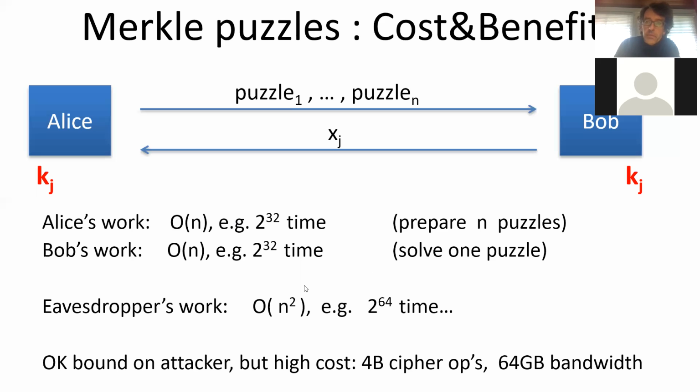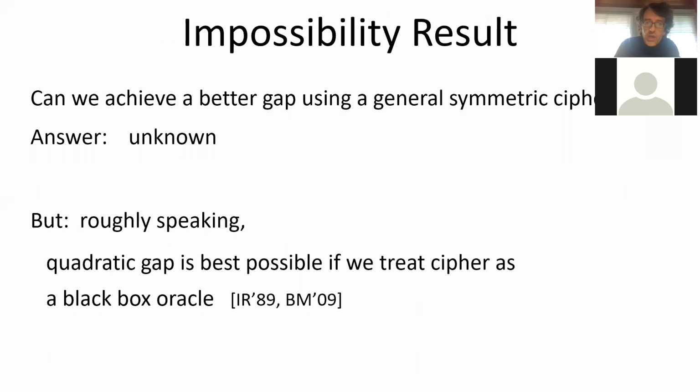And nobody could figure out any such amplification of the Merkle puzzle algorithm. And indeed, Impagliazzo and Rudich showed that in some sense, this is the best you can do. So you cannot get a better gap between bad guys' work and good guys' work than quadratic using symmetric cryptography at all.